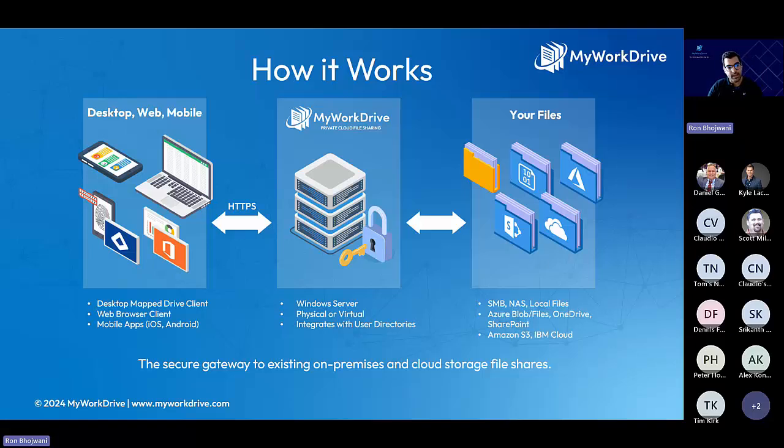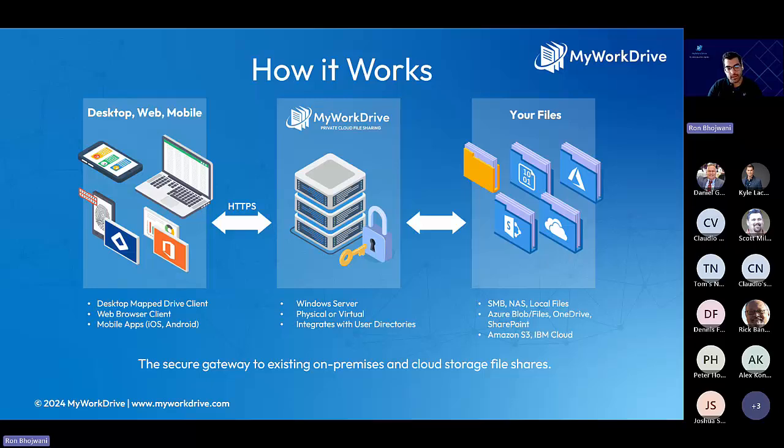We obviously have a desktop client, which is a mapped drive experience on both Windows and Mac, a web client for all modern web browsers, as well as a mobile client for iOS and Android. So this architecture facilitates a VPN-free, very control-centric way of accessing your files, regardless of whether they're locally hosted or cloud hosted.